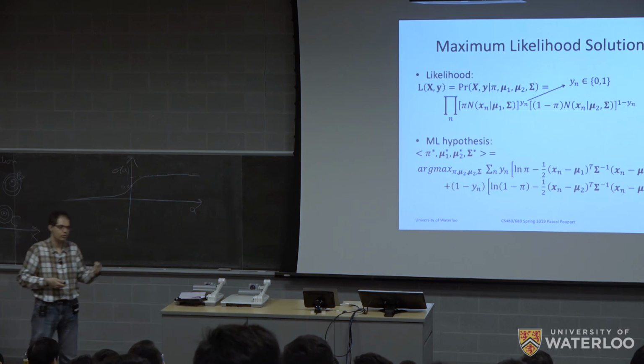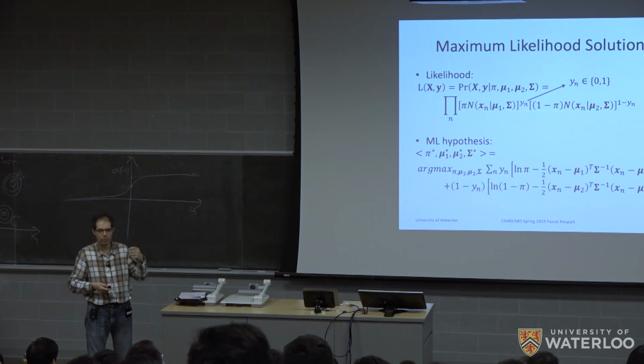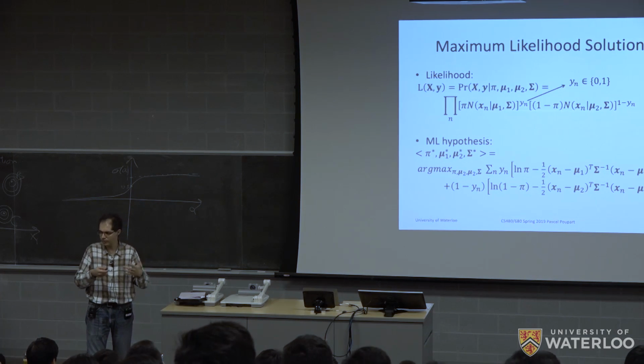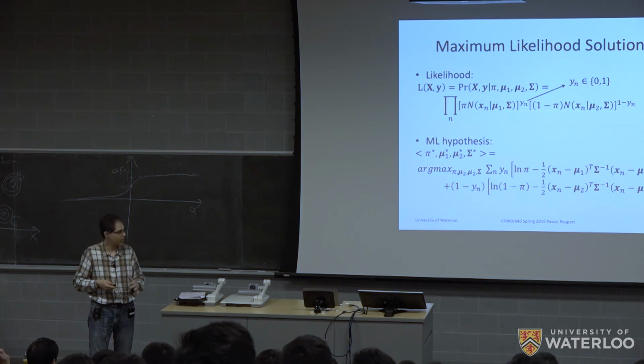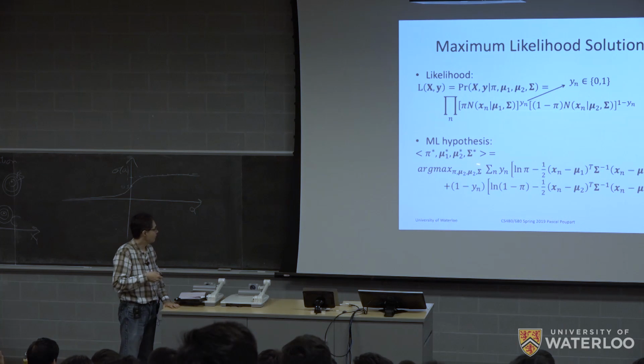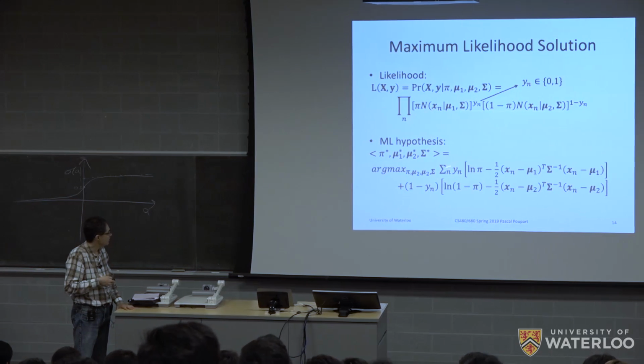So we're going to use the trick that we saw before, where we take the log of the expression, because the log does not change the max. If I take the log of this expression, the product becomes a sum. And the log of something raised to an exponent yn just becomes yn times the log of what's inside. So I've got yn times the log of pi times the log of the Gaussian.